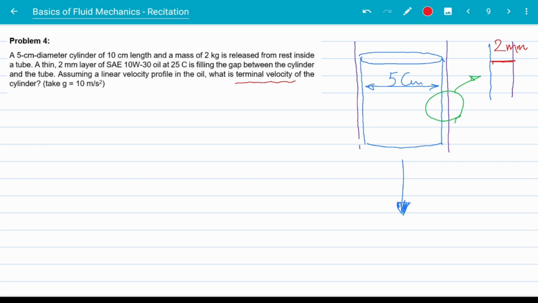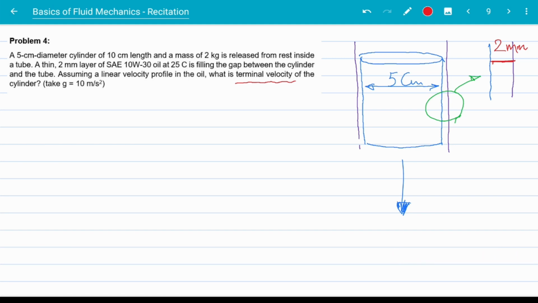What I mean by that is this: for our problem, this cylinder, because of gravity, is falling down. In a situation where there is no air resistance, no fluid resistance, or any friction force present, this fall will always accelerate because of gravitational acceleration g. So the velocity of this falling cylinder will increase over time.